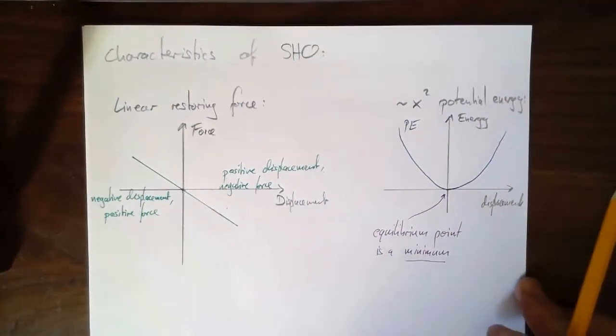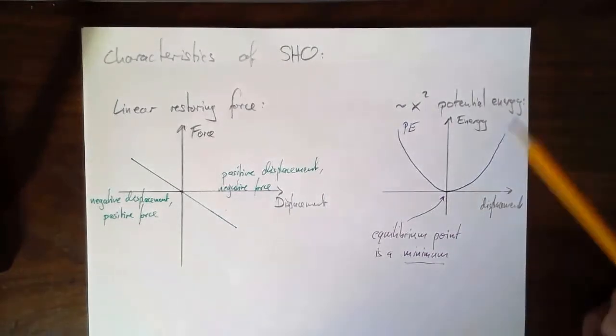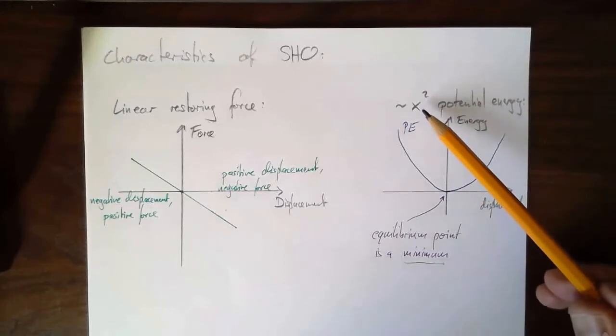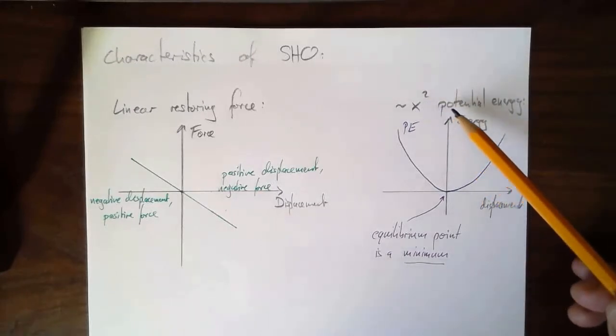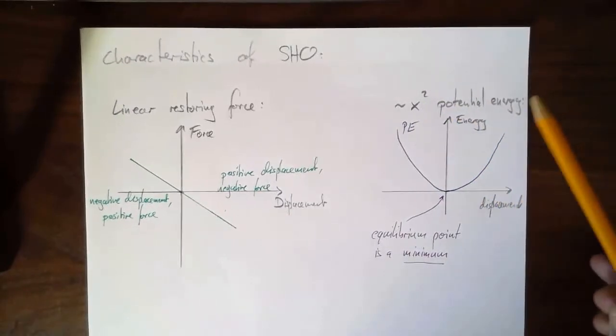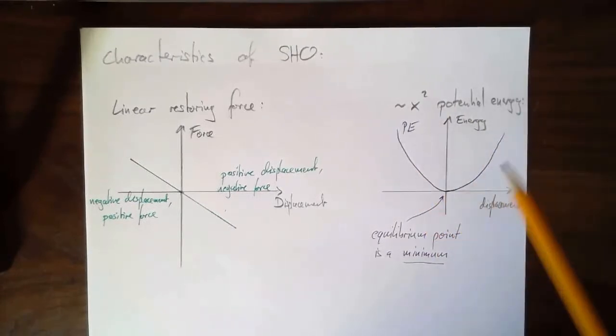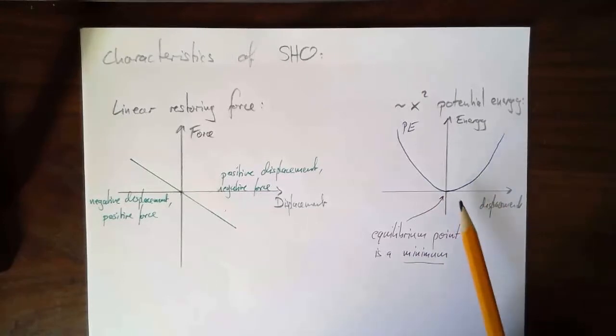Second way to think about simple harmonic motion is in terms of the potential energy, and as you know, the potential energy goes as x squared. It's a half kx squared specifically. And so the graph looks like this. It's symmetric left and right, and the crucial thing to note here is that the equilibrium point has a certain value.